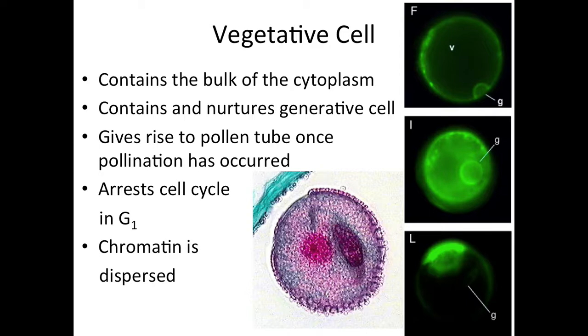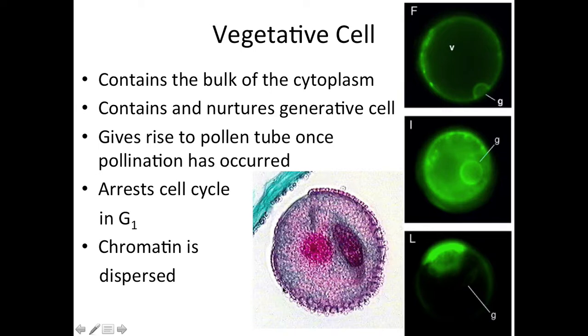You could label this as the vegetative cell nucleus. But don't label this as the vegetative cell because this is the nucleus. This whole thing is the vegetative cell. Okay, that's a very common mistake. So this vegetative cell will become the mature pollen grain.